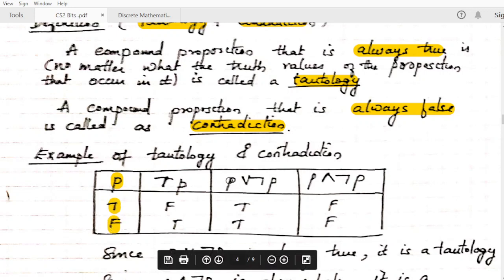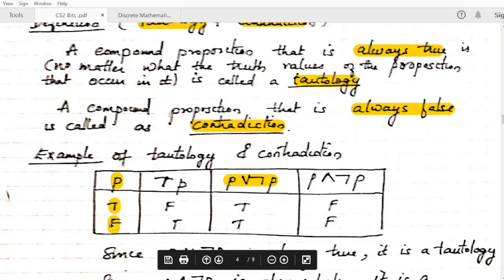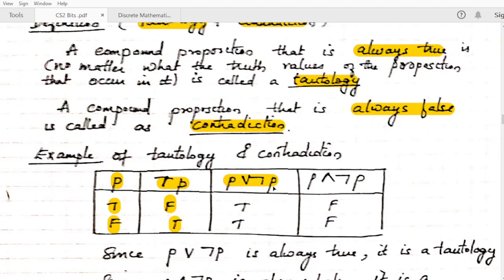We are going to find the truth value of the compound proposition P or negation P. Negation P means the contrary of the proposition P. So if P is true, negation P is false. If P is false, negation of P is true.